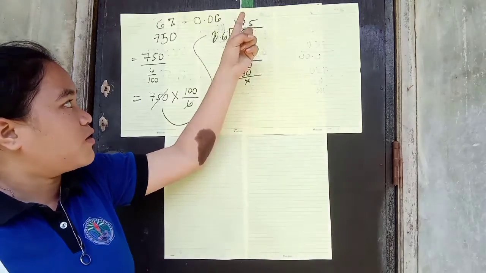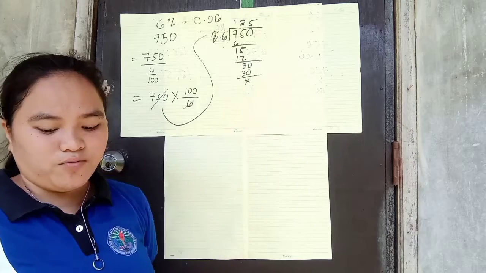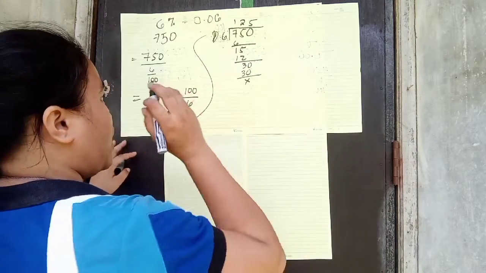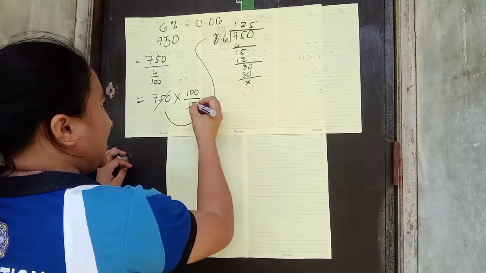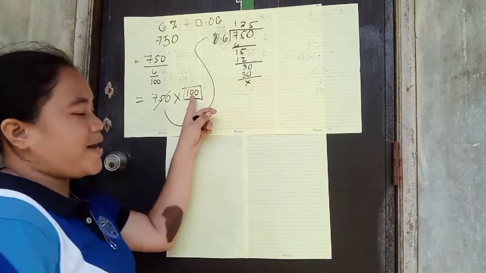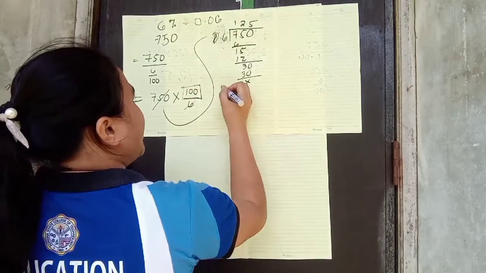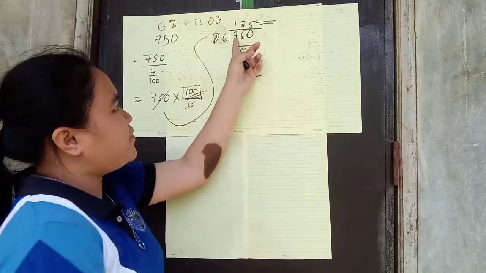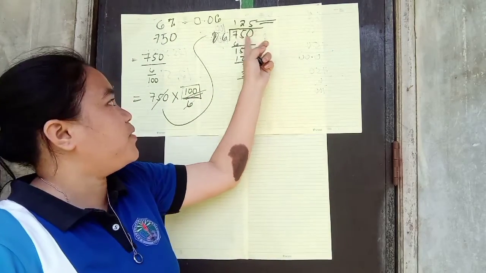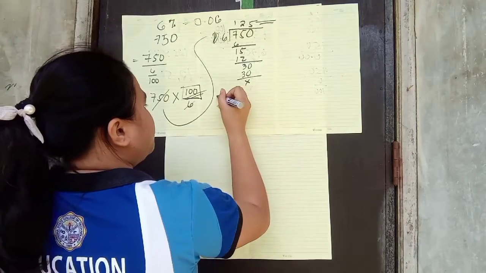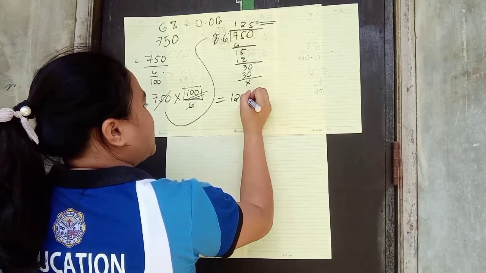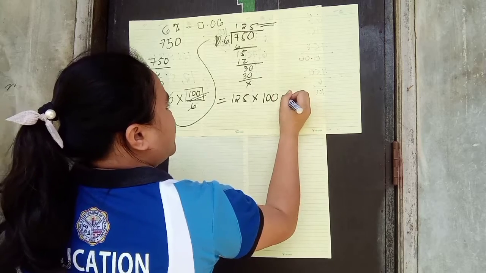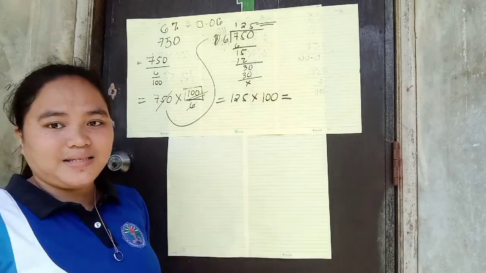After crossing and multiplying the common factor, we'll be calculating the product or the quotient. Okay. Di ba po may natira tayong 100 dito. Ito ang ipag-multiply natin. Yung natira nating 100 dito at yung sagot natin sa pinag-divide nating 750 and 6. So, 125 times 100 equals, ano ba magiging sagot natin dito?